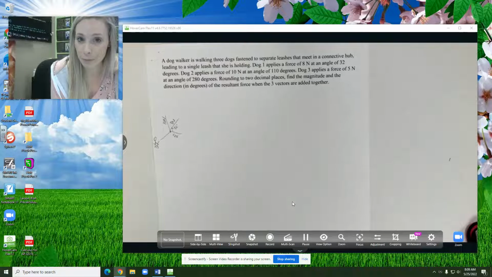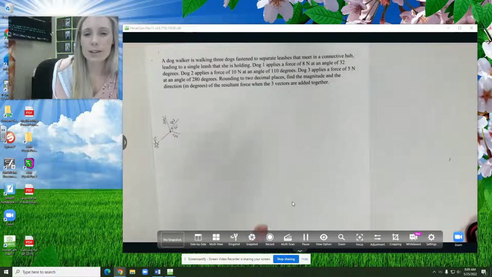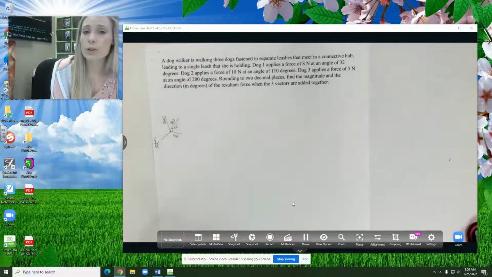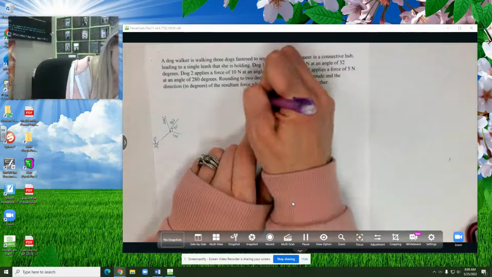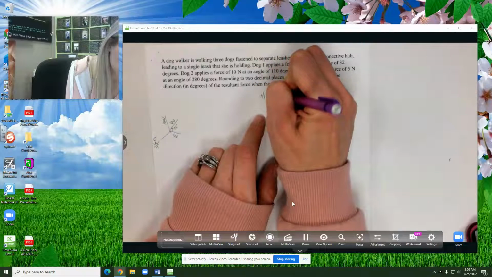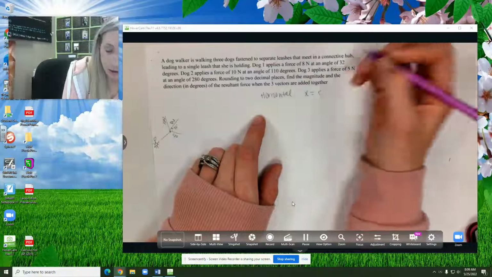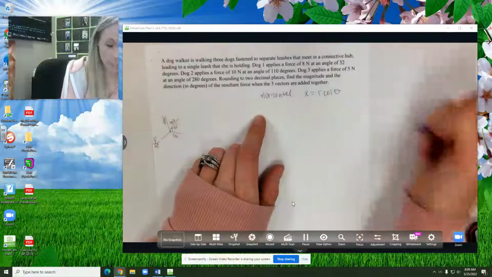are added together. What we need to do is figure out what our horizontal components are, add those all together, and figure out what our vertical components are, and add all of those together. Horizontal components are x equals the magnitude of your vector times cosine theta.